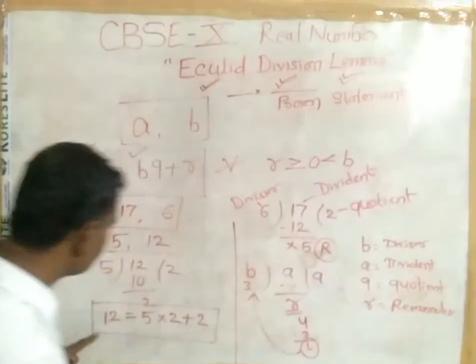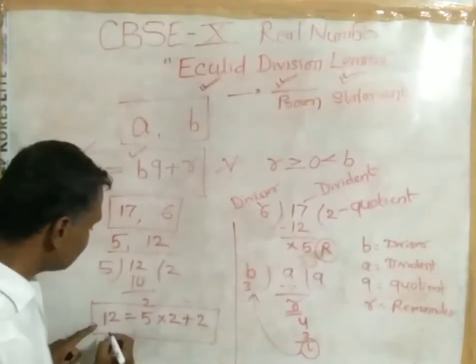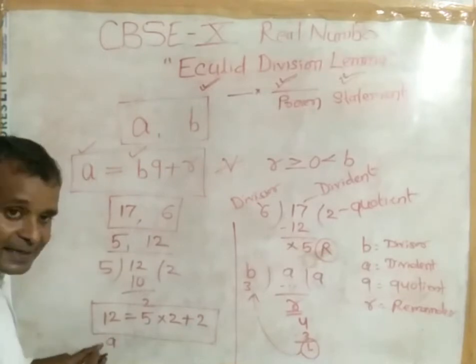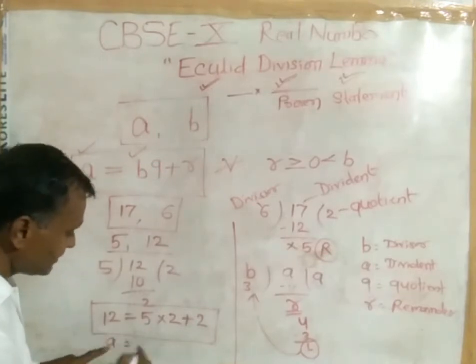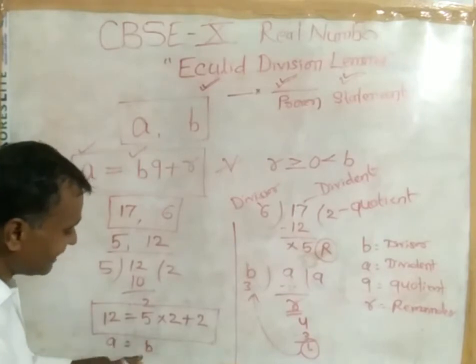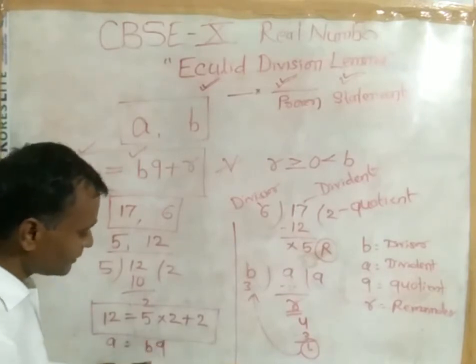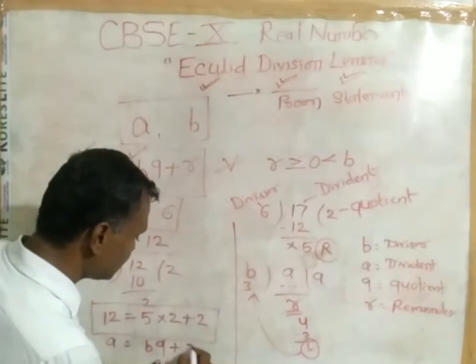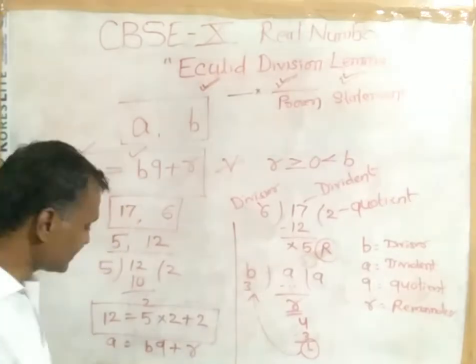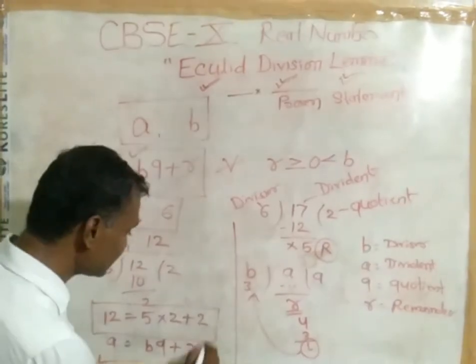Look here: a equal to 12, b equal to 5, q quotient plus remainder, and this is our Euclid division lemma.